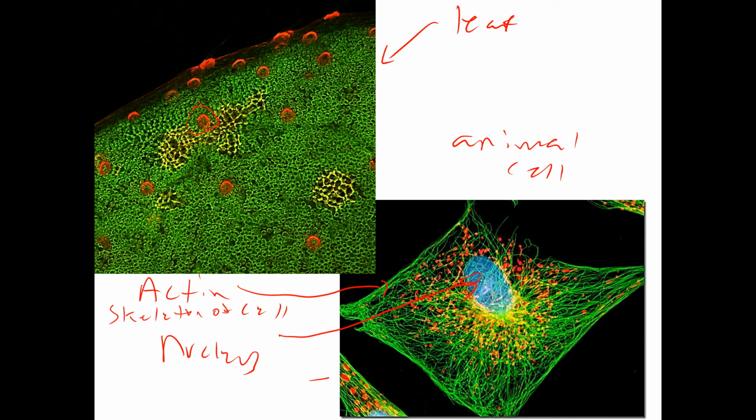And then in red, you have all these other structures that are specifically stained that are the mitochondria. So for this cell, you can look at where the nucleus is, where all the mitochondria are in a cell, and you can look at the overall shape. And you can look at all these little cytoskeletal proteins of actin that make up the shape of the cell.